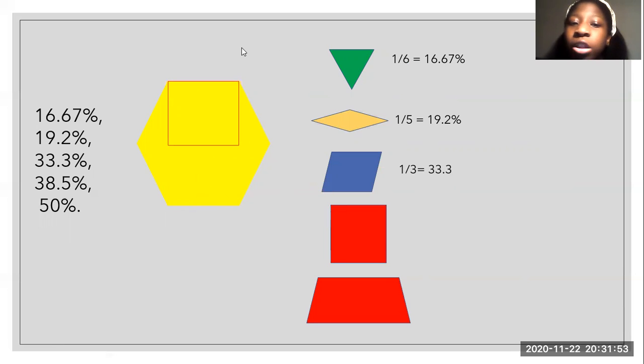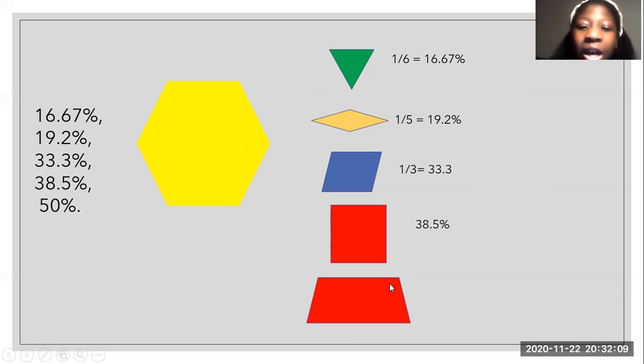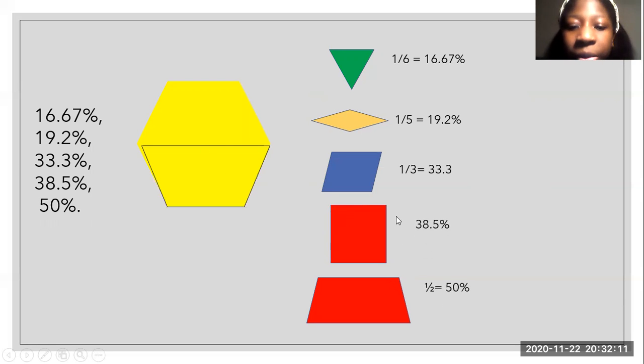It will fit more than 2 times, but not quite 3. So it'll be in the middle, and it's hard to have the fraction. But we know that the rhombus and square are close to it, so we know that 38.5 will go to the square. And now we have our last shape, which will take up half of our hexagon. So it'll be 1/2, which is 50%.